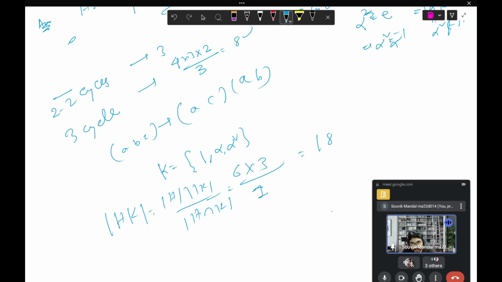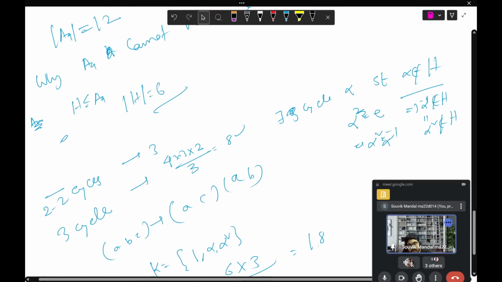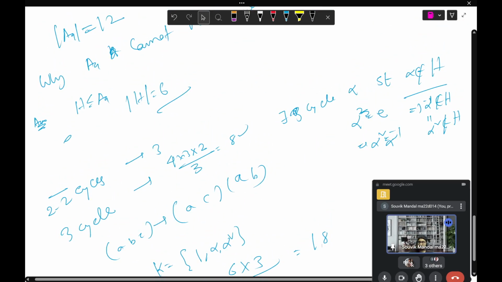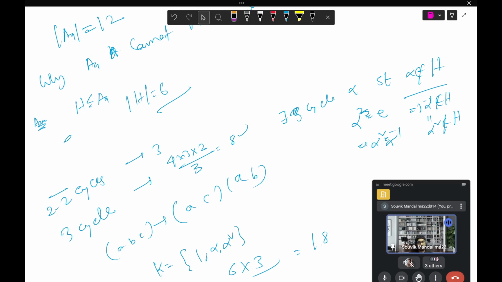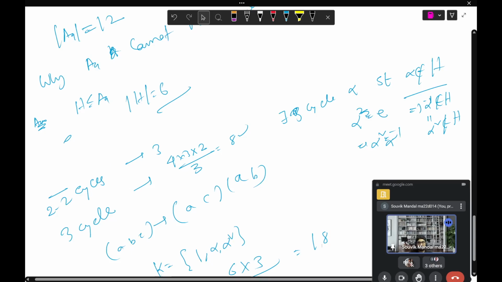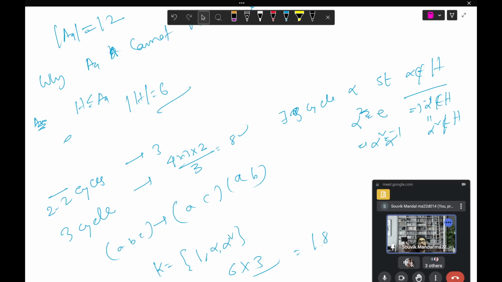Okay, so let me recap the argument. We assume that A4 has a subgroup H of order 6. Now A4 contains even permutations. How many 3-cycles are there? There are 8 3-cycles. But the order of H is 6, so it can't contain all the 3-cycles. So let alpha be one 3-cycle which does not belong to H. Alpha cubed is the identity.